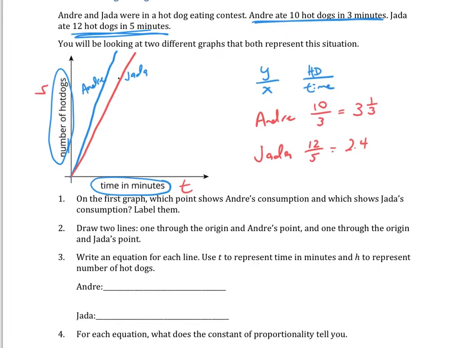To write the equation, it said to use h for hot dogs, which is y, and t for minutes, which is x, so we're doing h and t. So this tells me my equation for Andre is going to be h equals 10/3 times x, whereas Jada's is going to be h equals 2.4 times x.